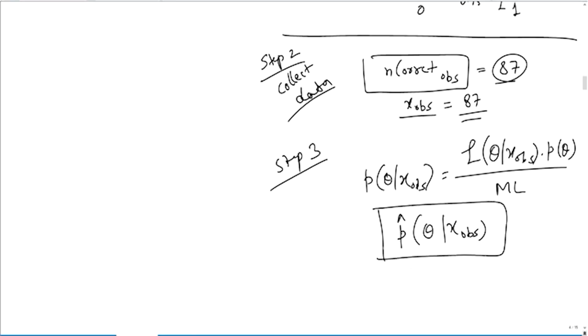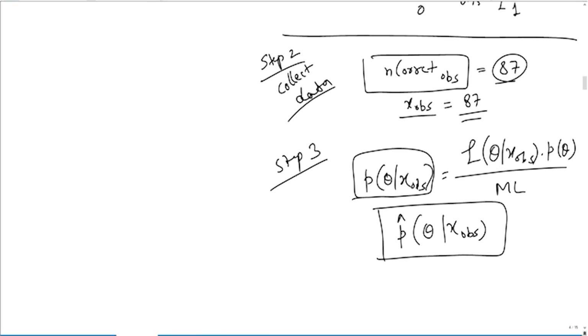We will always indicate an estimated distribution using a hat. So, we will write p hat rather than just p, because p means the true posterior distribution, and p hat means the estimated posterior distribution, right. You cannot exactly know the true one, because the method that you are going to use to estimate the posterior distribution is always going to be some approximation.